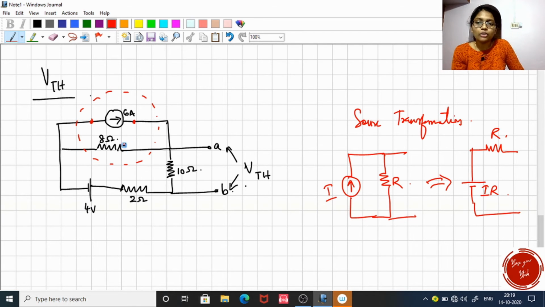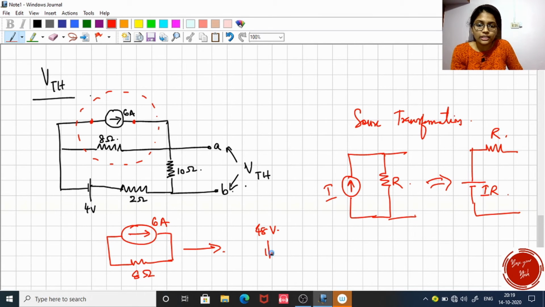How to convert the 6 ampere current source to a voltage source? 6 into 8, 48 volts, and this arrow is towards the right, so let's keep the positive terminal on the right side, and the same 8 ohm resistor must be connected in series. So this is the source transformation. The cell and 8 ohm resistor must be kept in series.